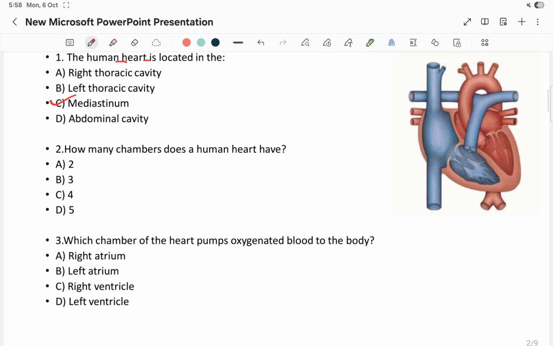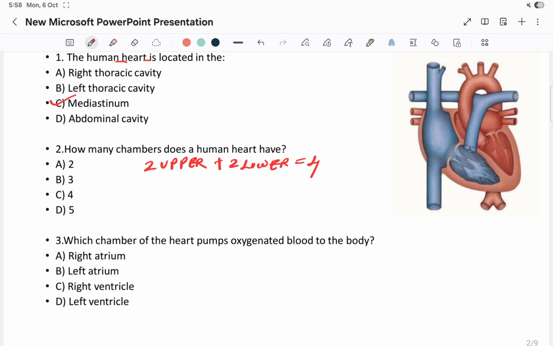How many chambers does a human heart have? Option A, 2; option B, 3; option C, 4; option D, 5. The human heart has 2 upper chambers and 2 lower chambers. 2 plus 2, we have 4. In total we have 4 chambers in our heart, 2 upper and 2 lower.